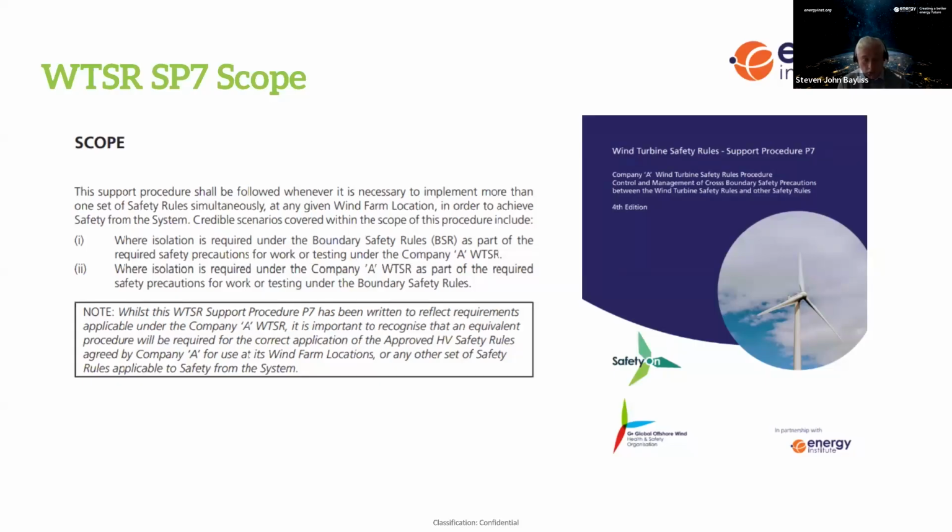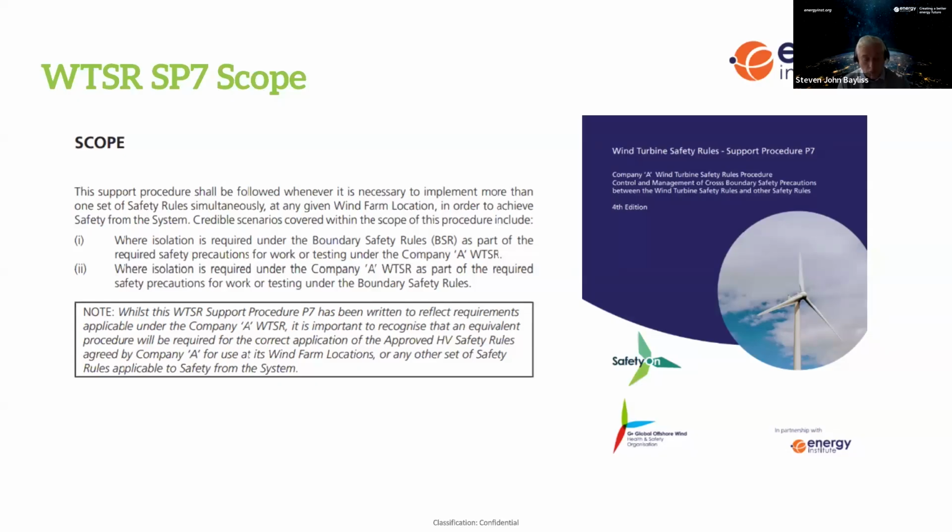Credible scenarios within the scope of the procedure include, and there are 2 different scenarios here. So where there's isolation required under the boundary safety rules as part of the required safety precautions to work under or testing under the Company A WTSR. So an example of that would be an LV boundary breaker that is under WTSR.